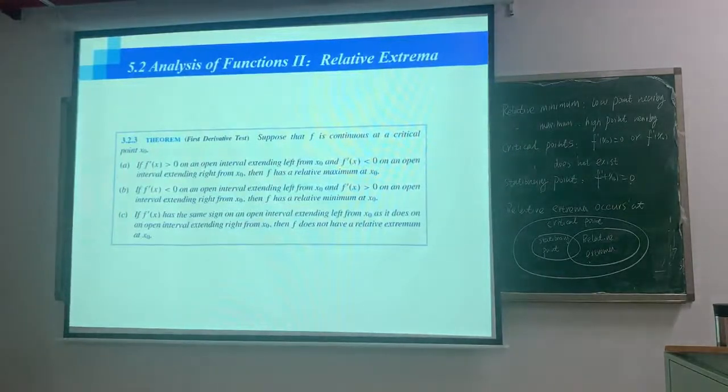If f prime is less than 0 on an open interval extending left from x0, and f prime is greater than 0 on an open interval extending right of x0, then f has a relative minimum. Third, if f prime has the same sign on an open interval extending left from x0 as it does on an open interval extending right from x0, then f does not have a relative extremum at x0.